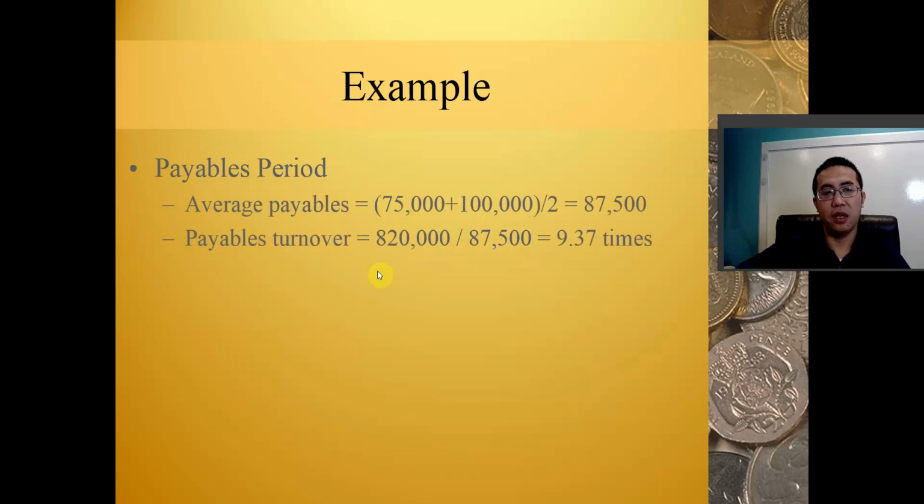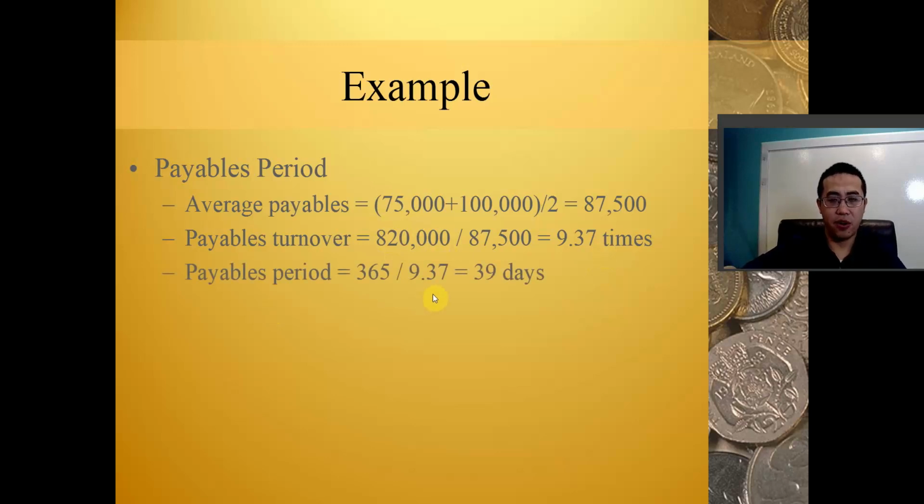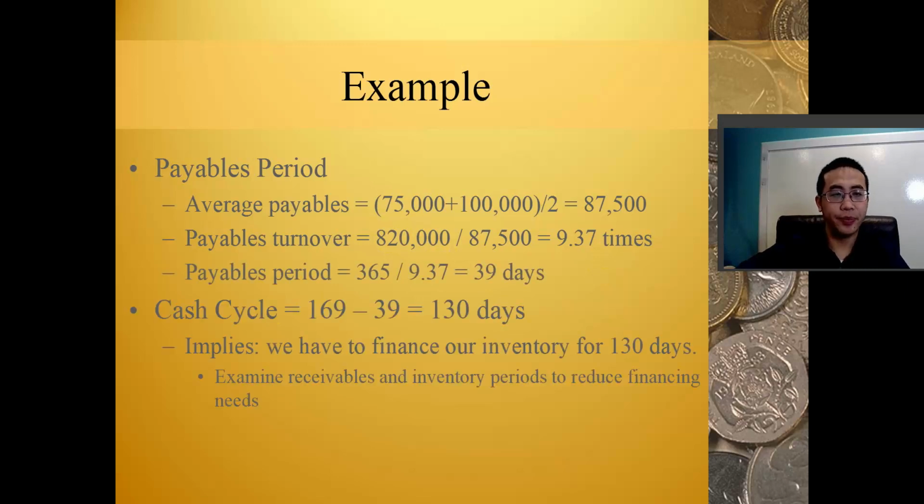Because you pay for the raw materials, and that's part of your cost of goods sold, you are using cost of goods sold here. You don't use sales for that number. So you get this turnover ratio. You use 365 divided by that turnover ratio, and you get the length of time until the payable, this invoice, gets paid off.